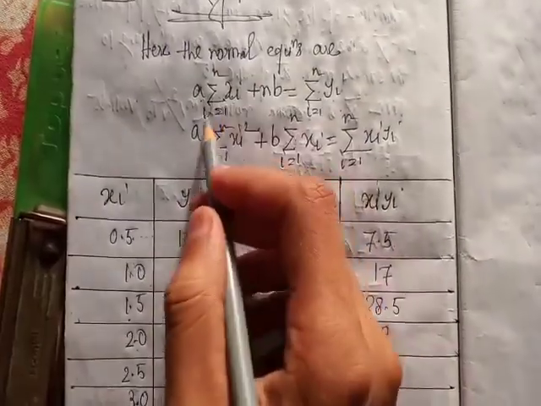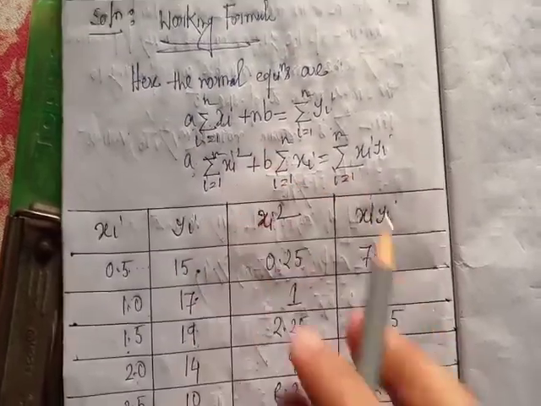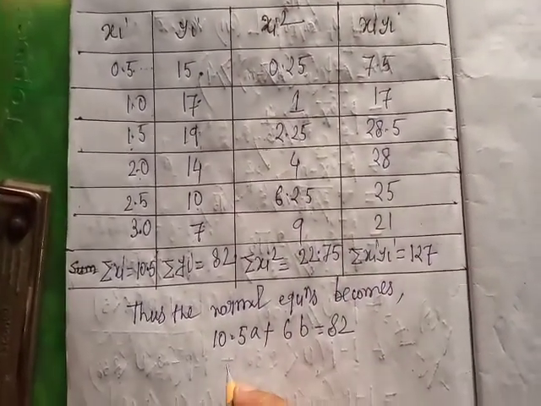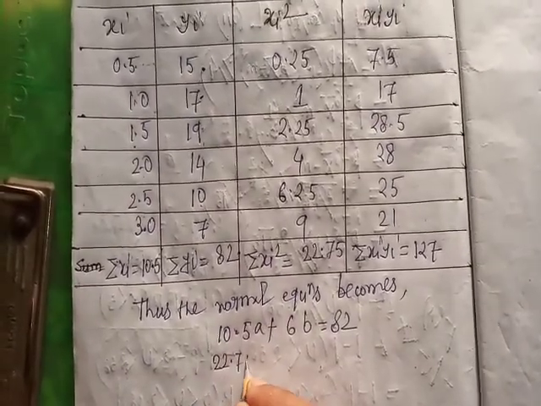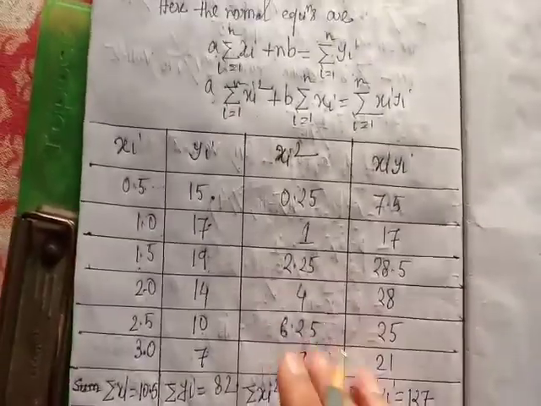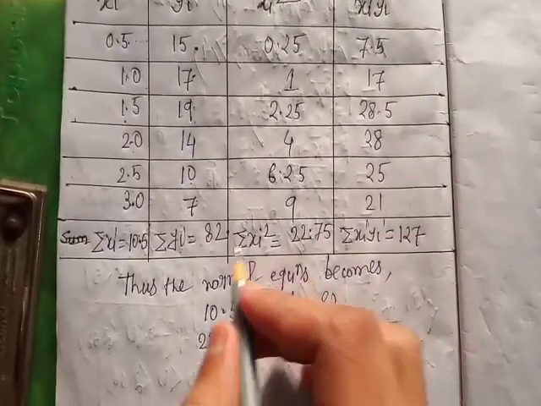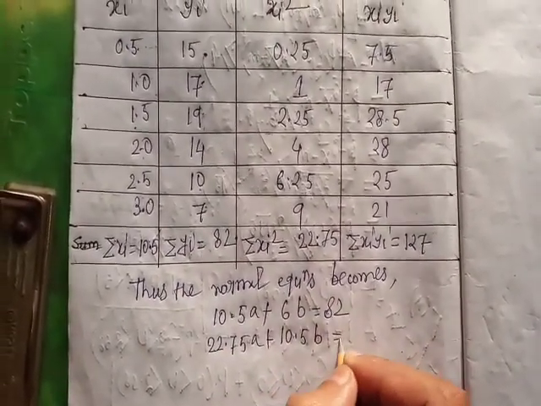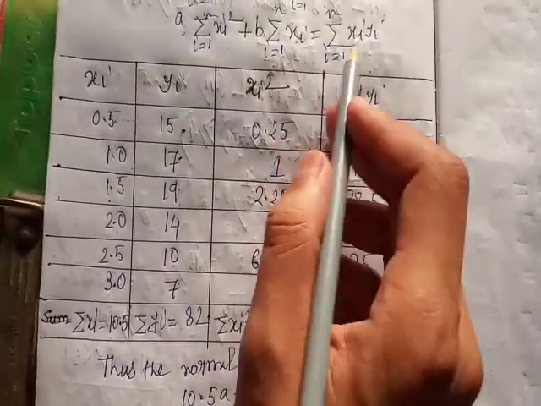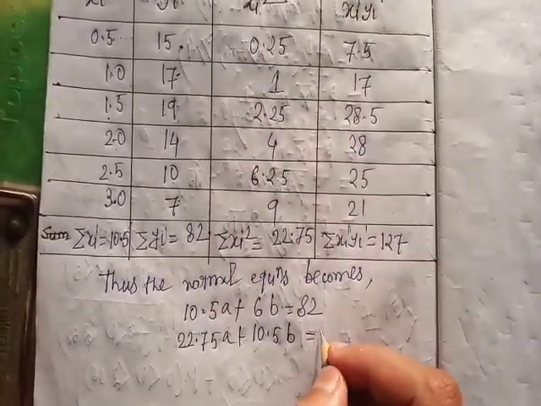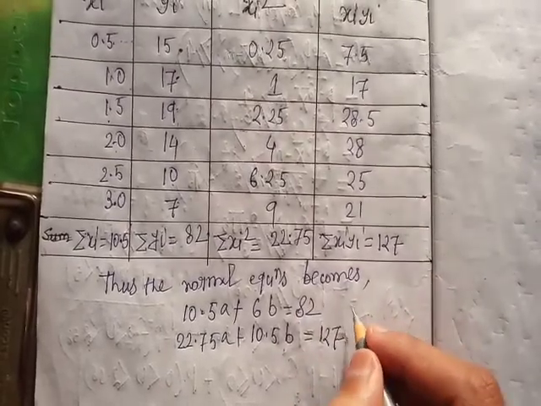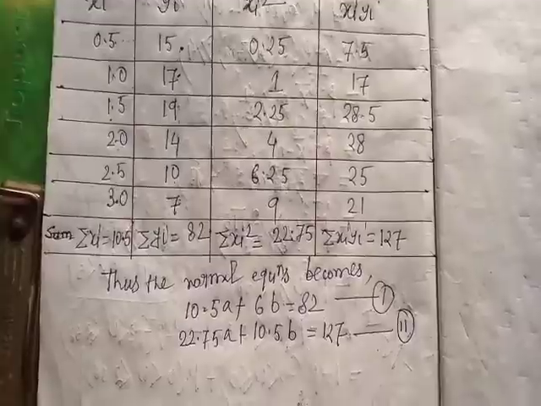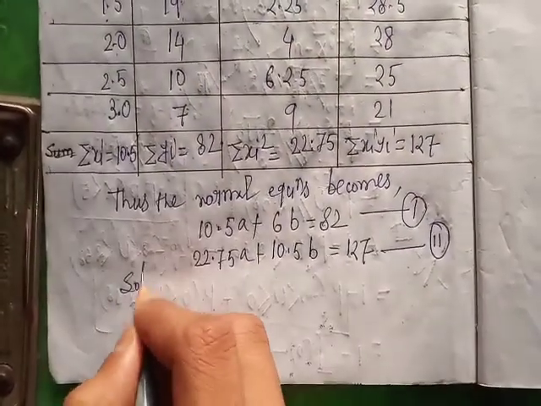The second equation is a into summation xi square, which is 22.75, so 22.75 into a plus summation xi into b, and summation xi is 10.5, so 10.5 into b equal to summation xi yi, which is 127. Let this be equation 1 and this be equation 2.